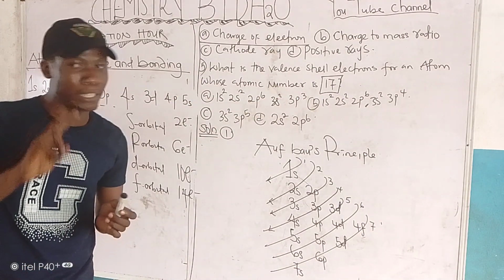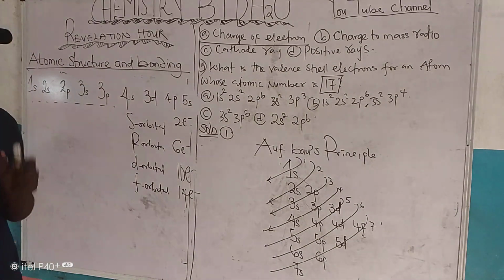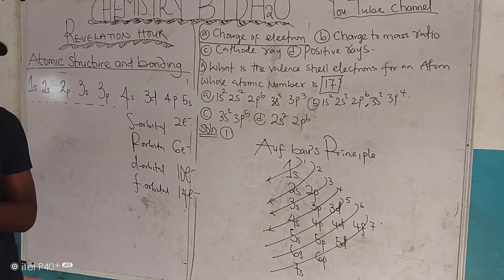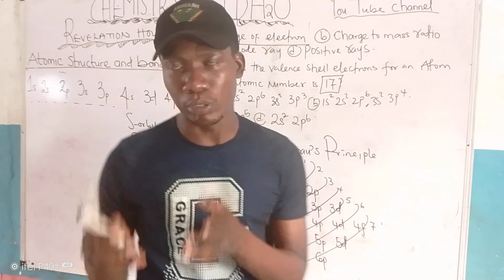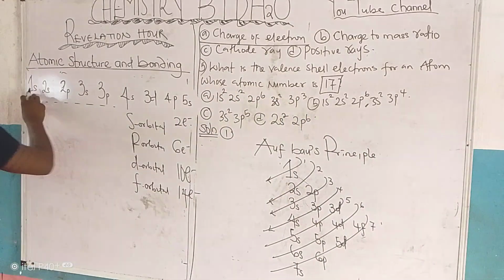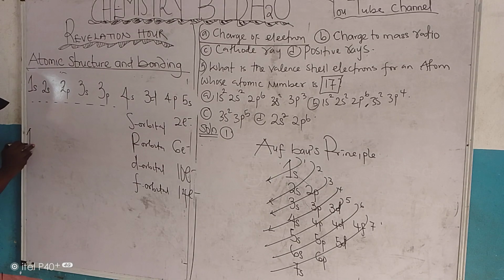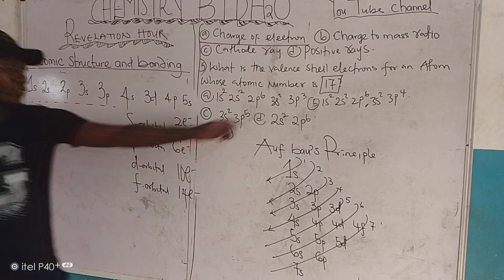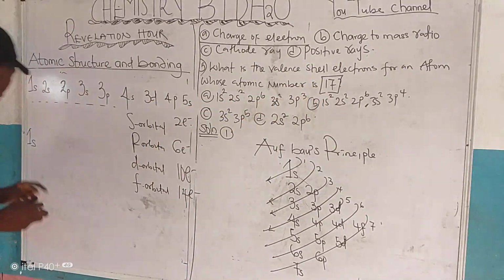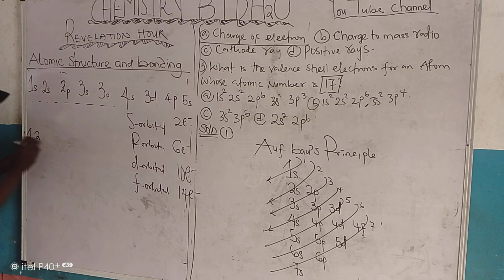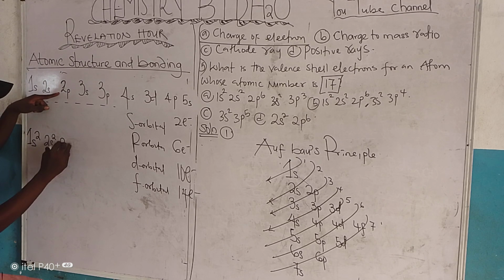Remember, the s can take a maximum of 2, p can take a maximum of 6. Let's quickly do that. If I write my 1s, first of all, I will take 2 electrons from this 17 and put it here, so it will be 1s2. Next orbital, 2s2. Then 2p6.